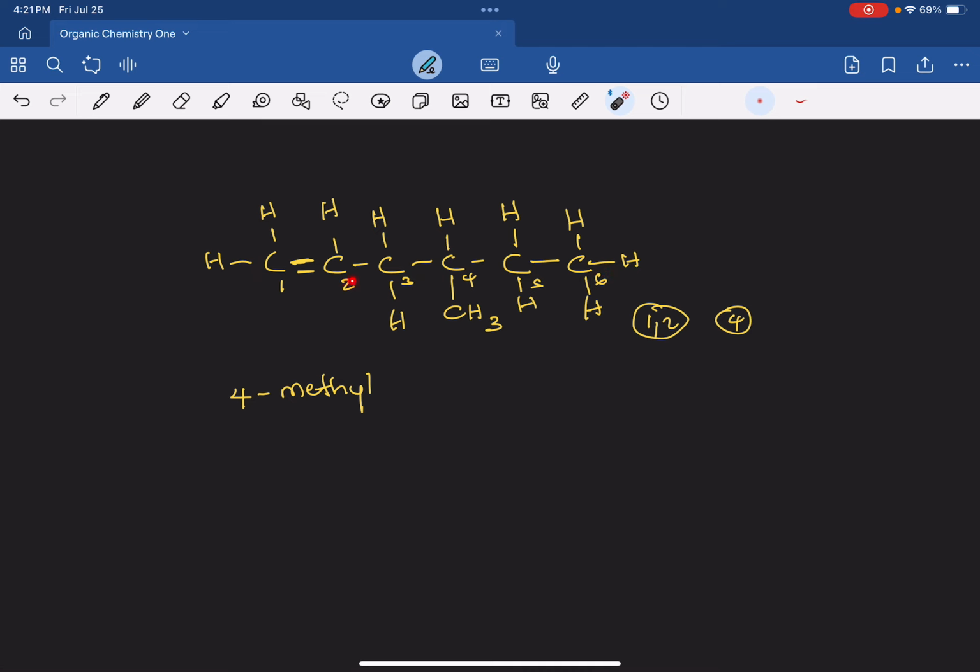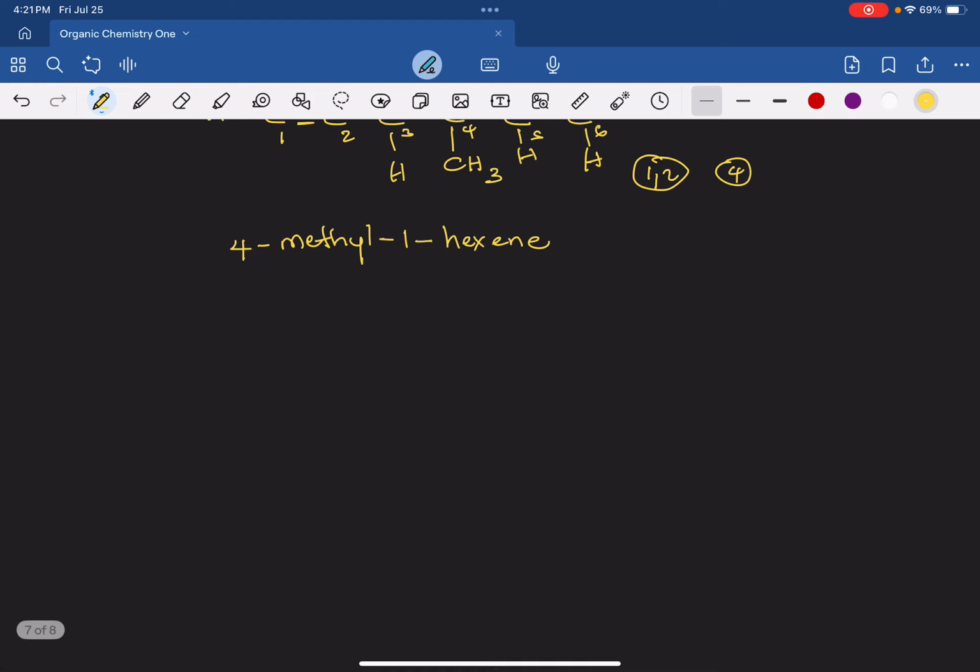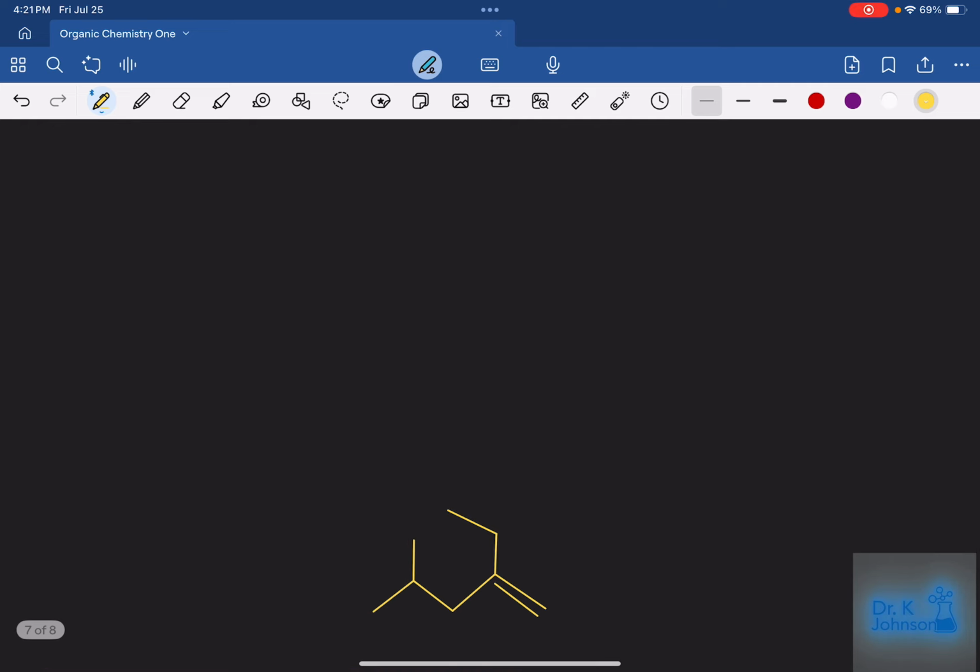But you must locate where the double bond is. Since the double bond is between 1 and 2, the lower number is 1. You don't have to put the 1. If you don't put the 1, it's implied that the double bond is between 1 and 2. So 4-methyl-1-hexene.